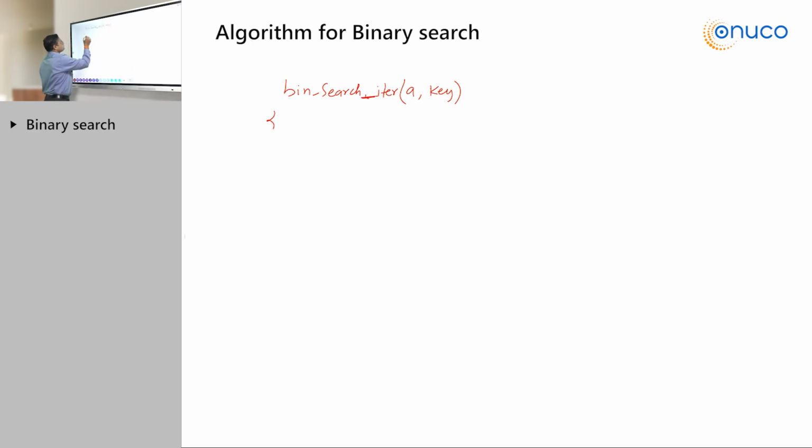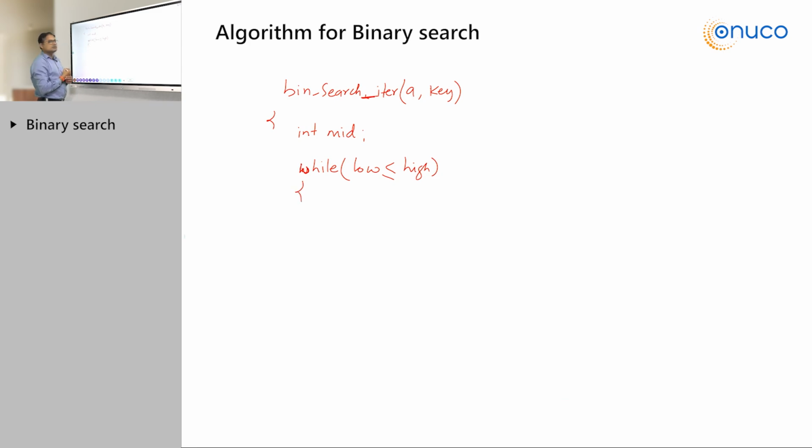So let us see that. While low is less than or equal to high. While is the loop, low is less than or equal to high.